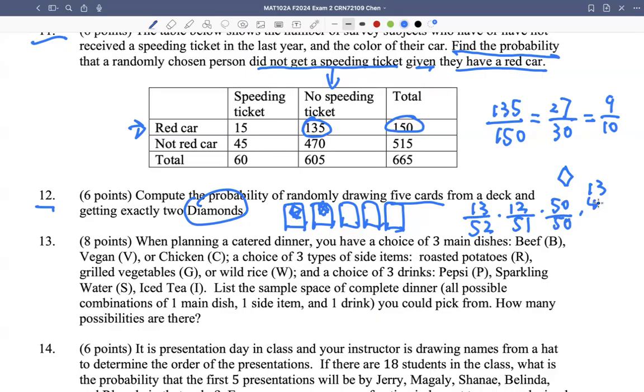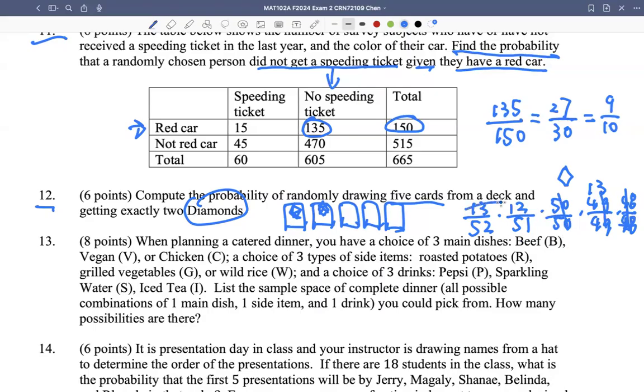Then any card out of the 49. Then any card out of the 48 cards. So we see this one is just 1. This is 1, this is 1, this is 1 times anything. So in the end, we just have to compute these two. 13 times 12.